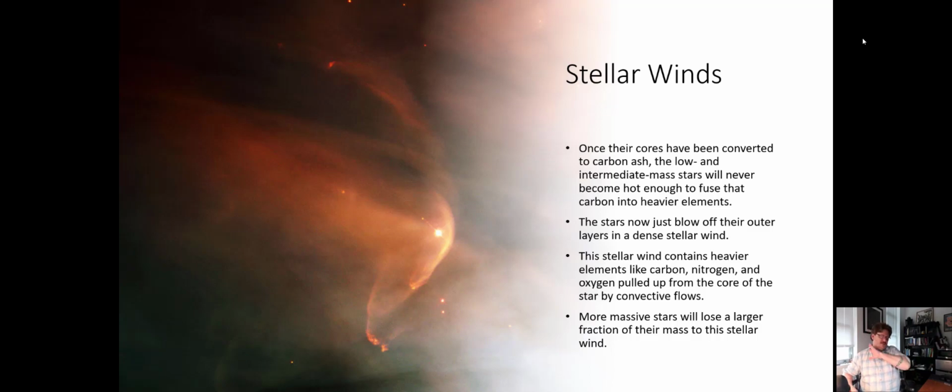So the orange material is the stellar winds coming off a very bright star, and it's basically slamming into the magnetic field of this star that you see here. And so these stars lose a fairly significant amount of mass through this process.